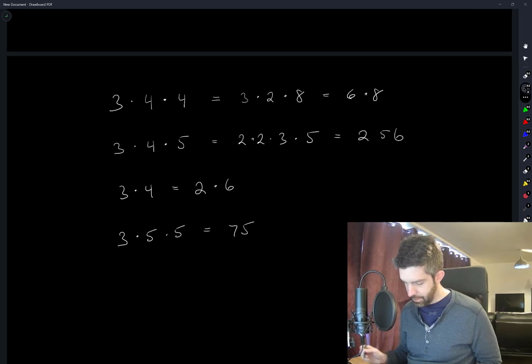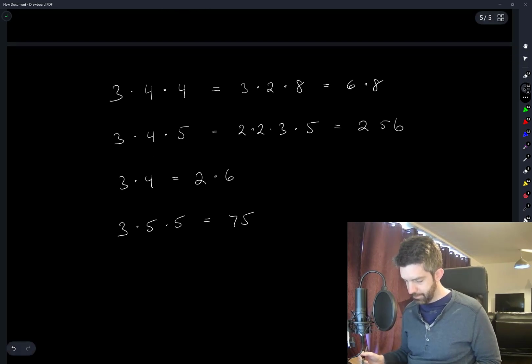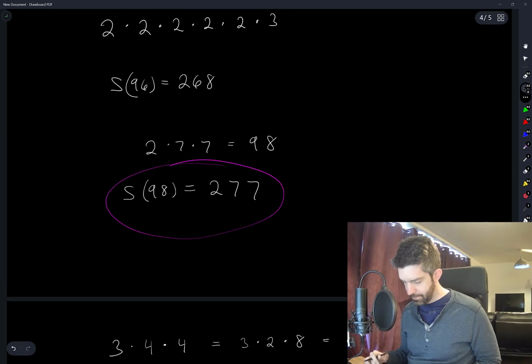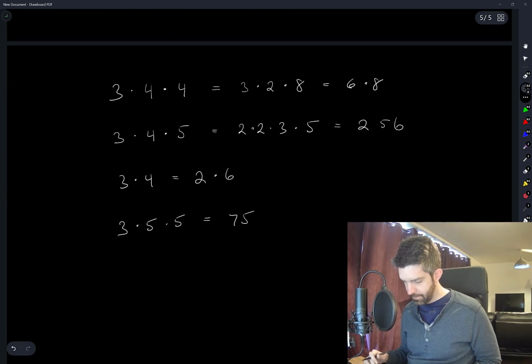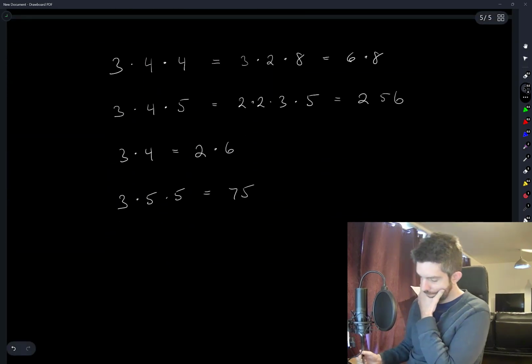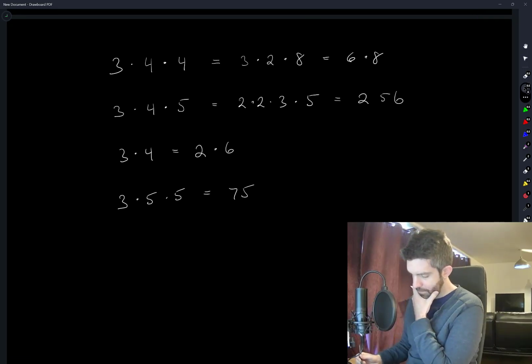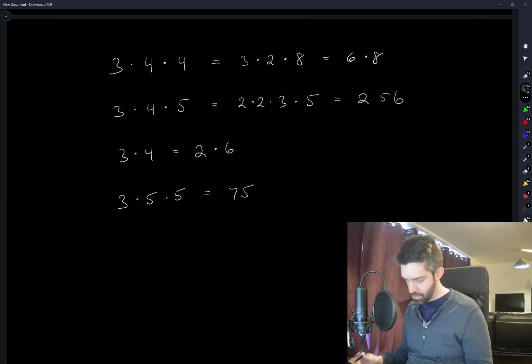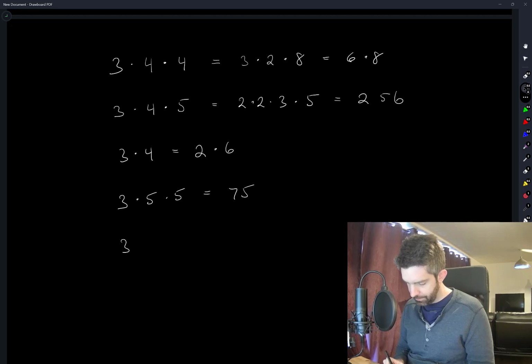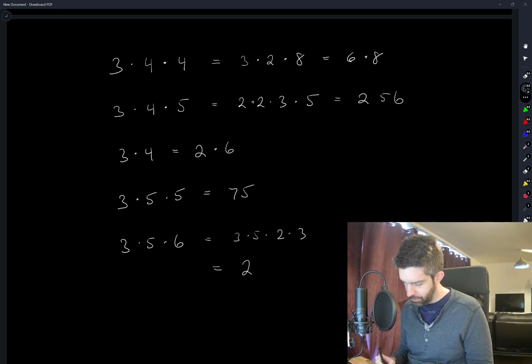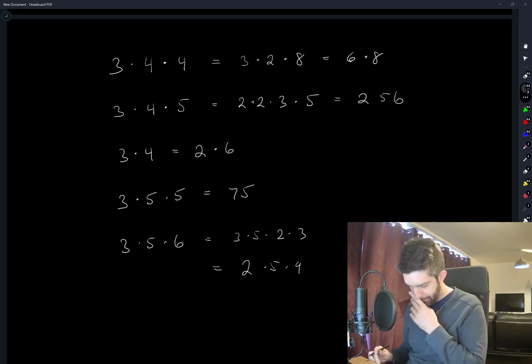That's 75, right? And what about 356? I don't think this is going to work because this is the same as 3 times 5 times 2 times 3, which is the same as 2 times 5 times 9.